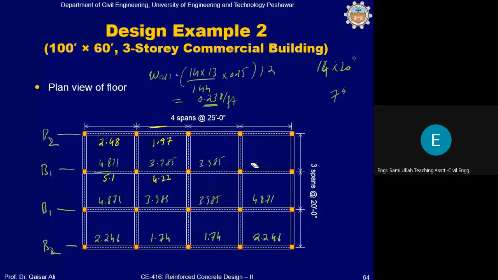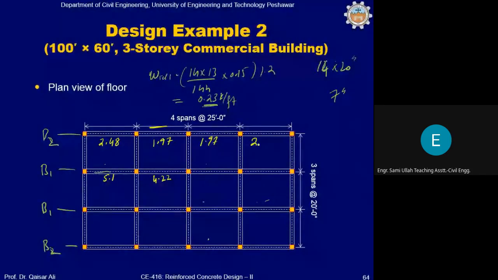The total load acting is now this one. So this is equal to 1.97, 2.48, 4.22, 5.1, 5.1, 4.22, 4.22, 5.1, and similarly 2.48, 1.97, 1.97, and 2.4.